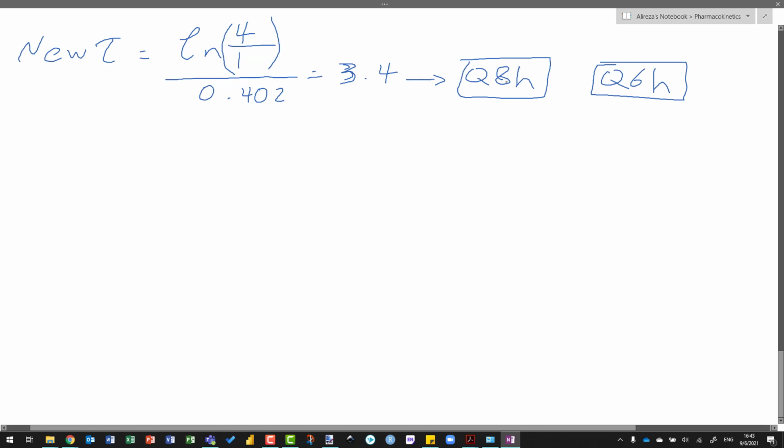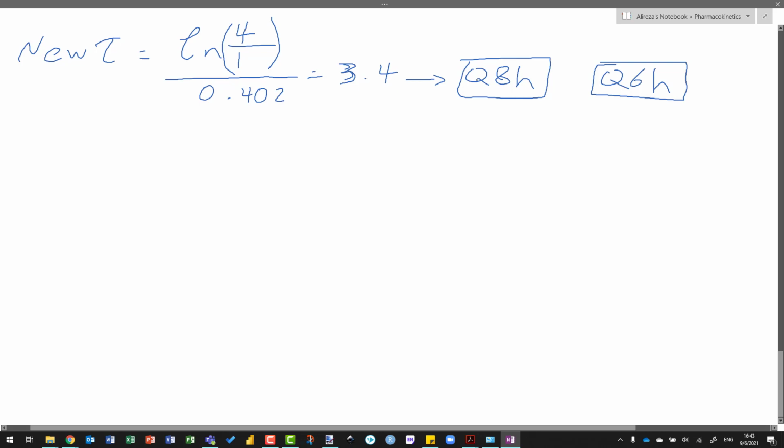It's going to be inconvenient. So I'm going to try every 8 hours first, even though our calculations tell us 3.4, so maybe every 4 hours or every 6 hours would be more appropriate. Clinically, we don't want to do every 6 hours in adults because of the toxicity, if we can make the every 8 hours work.